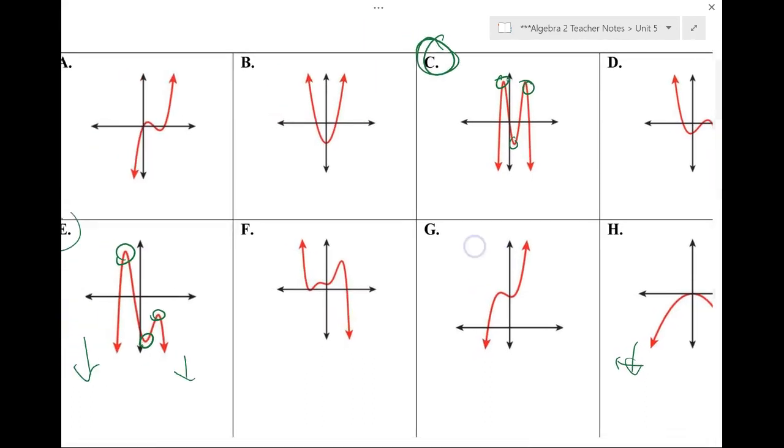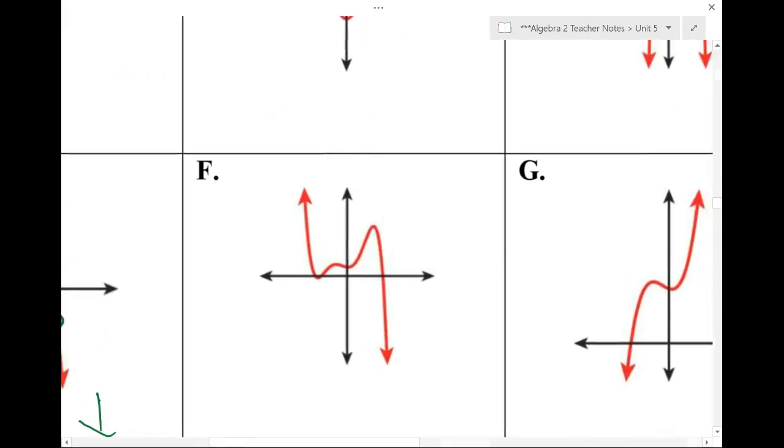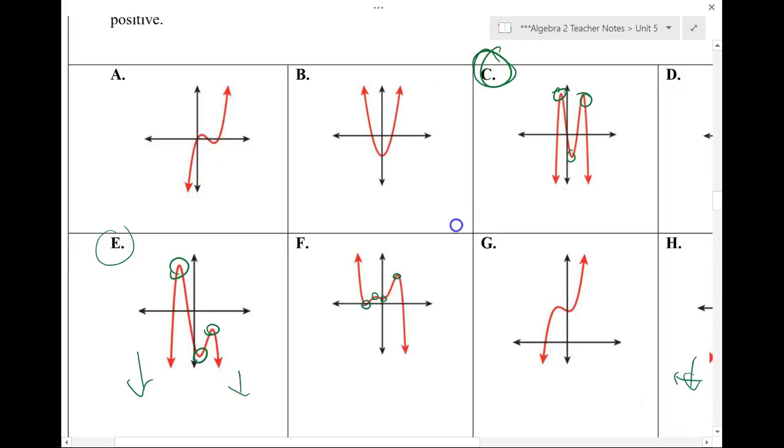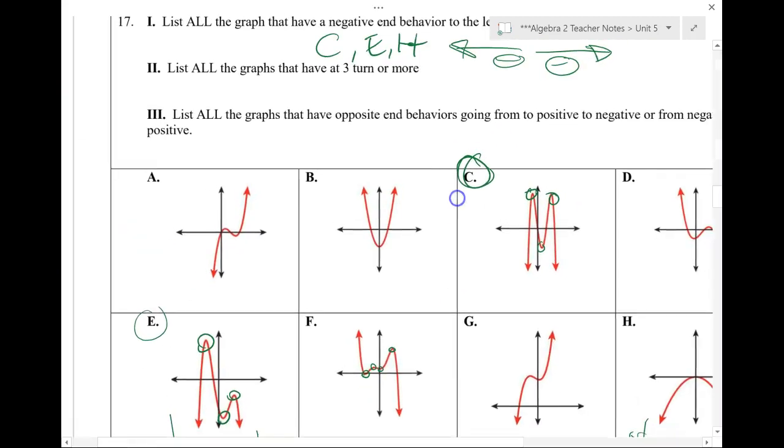And it looks like, oh wait a minute, look at this one. Let's see, how many turns are on this one? We got one there, it's kind of hard to see, another one there, another one there. That has 4 turns. So we have to include that as well, because it says 3 turns or more, not just 3. So that would be graph C, E, and F.